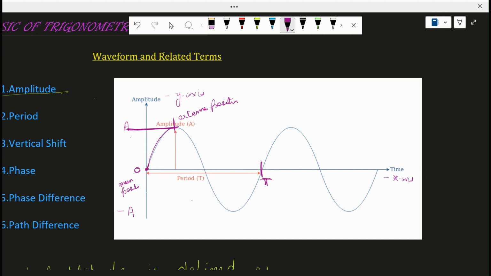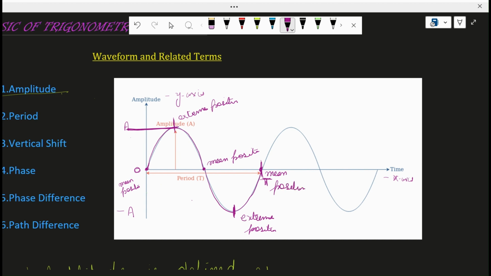Again, the pendulum comes back to the zero or the mean position. Then again it will attain the maximum negative side position, that is again our extreme position, and again it will go back to the mean position, right?